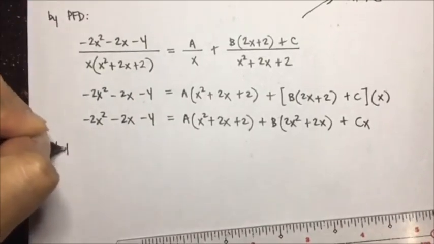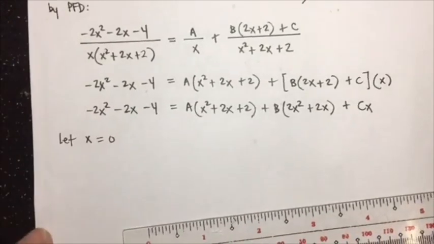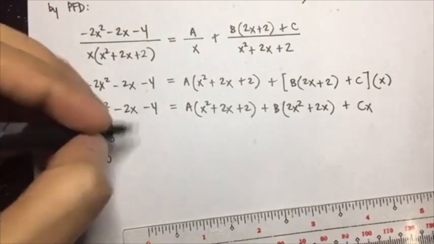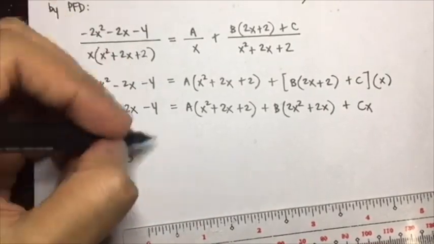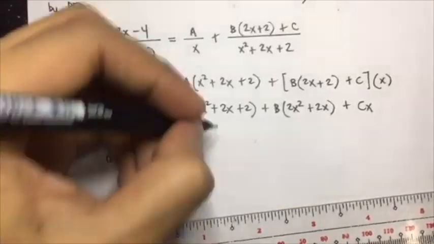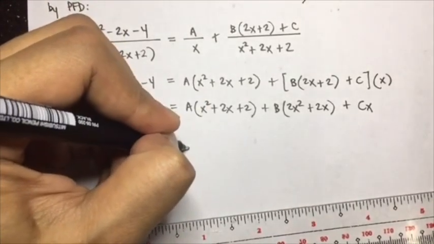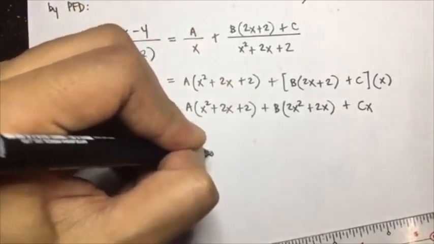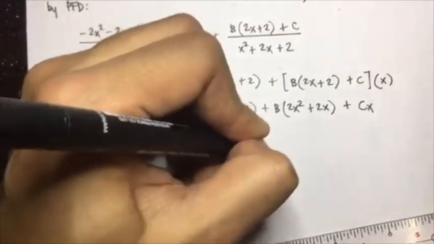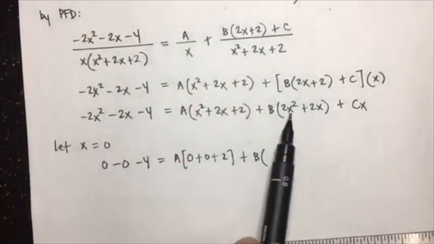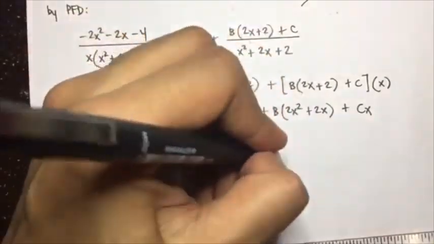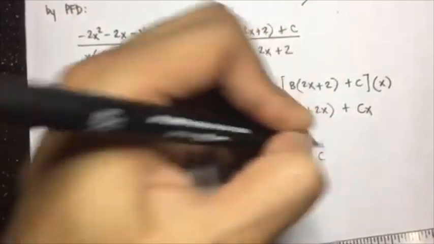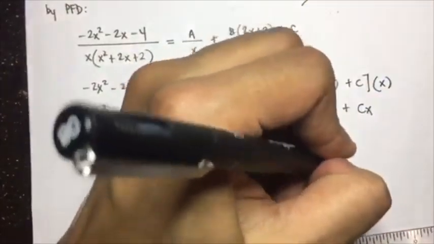Letting x is equal to 0, we will have for this 0 minus 0, and then minus 4 is equal to a times 0 plus 0 plus 2, plus b times, substituting here, this will become 0, and this one will become 0, plus c multiplied by 0.